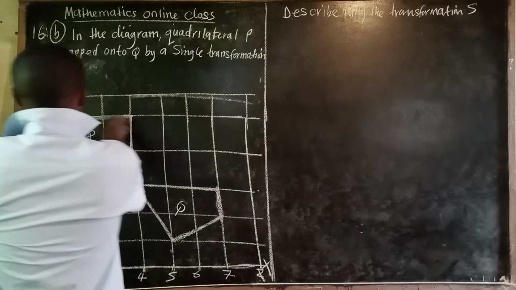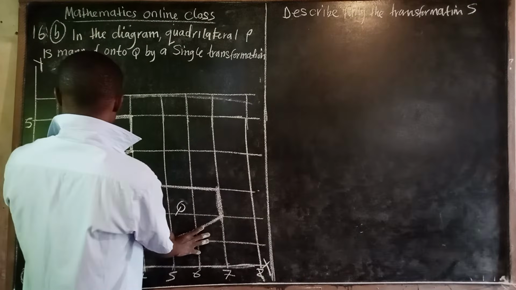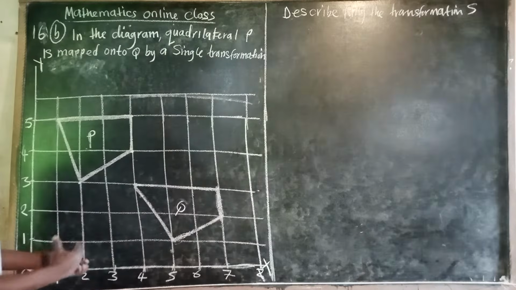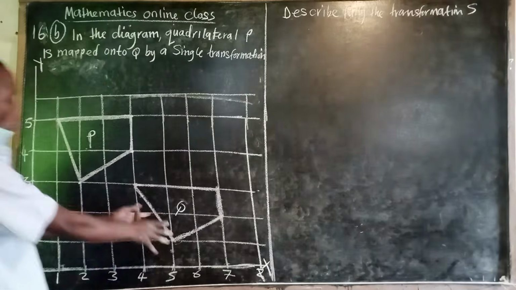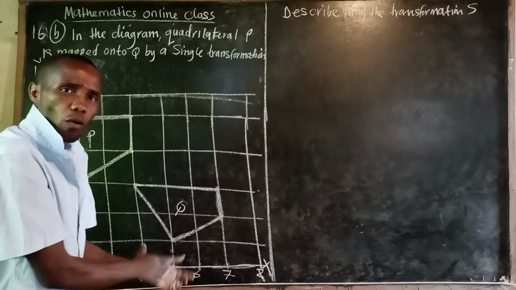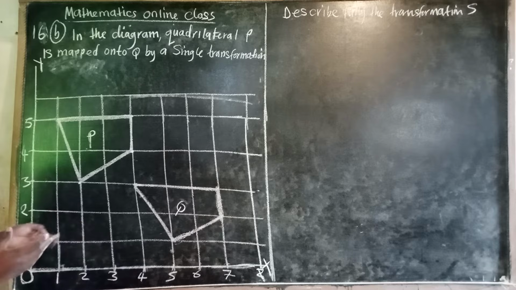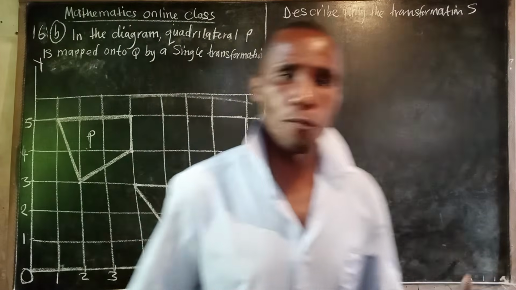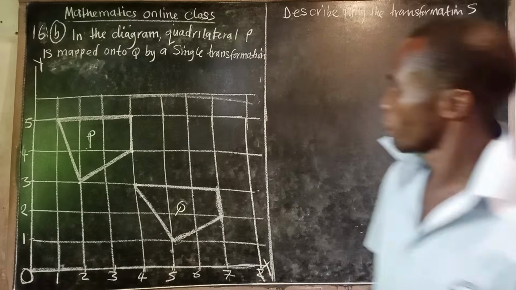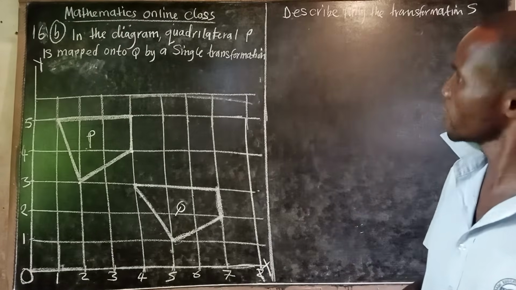Does it mean that this diagram was rotated for it to be like the way it is here? Or was it just translated from this line to the other one? Or was it reflected? Okay, those are some of the questions you must ask yourself for you to identify the type of transformation that you are dealing with.